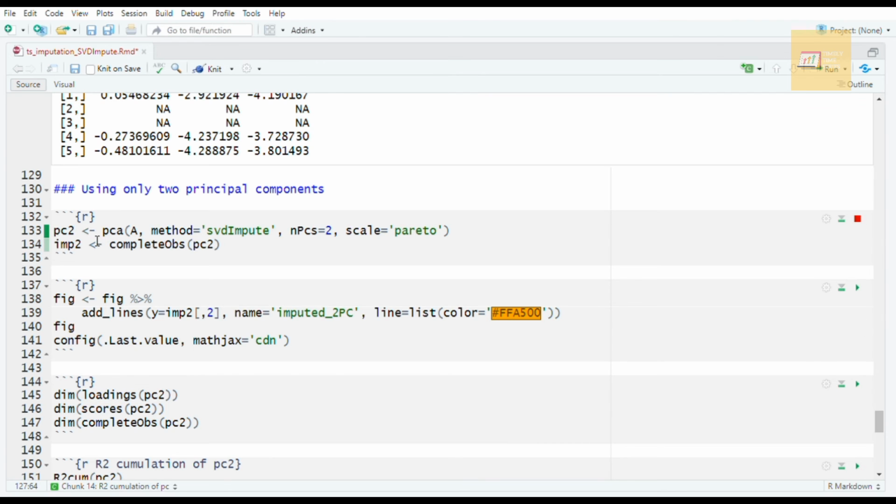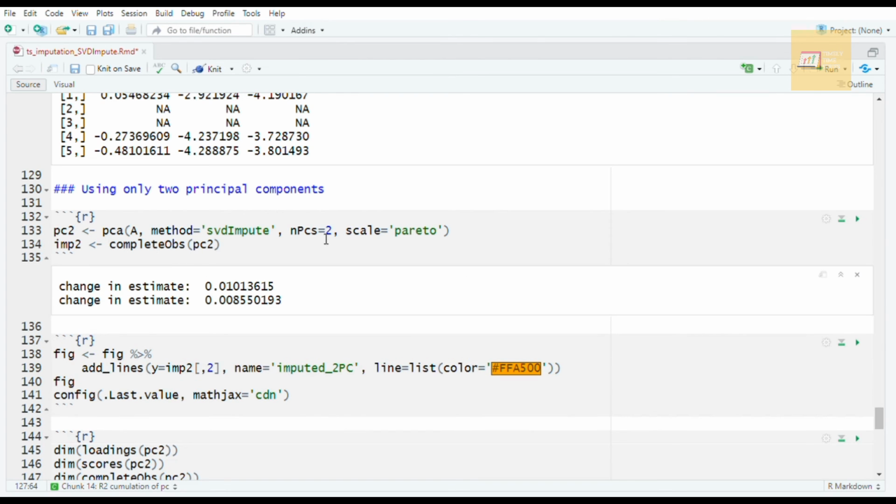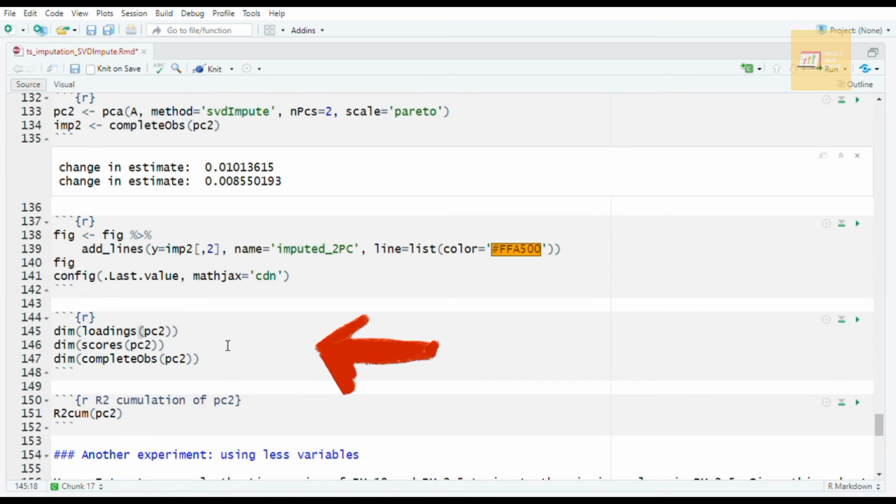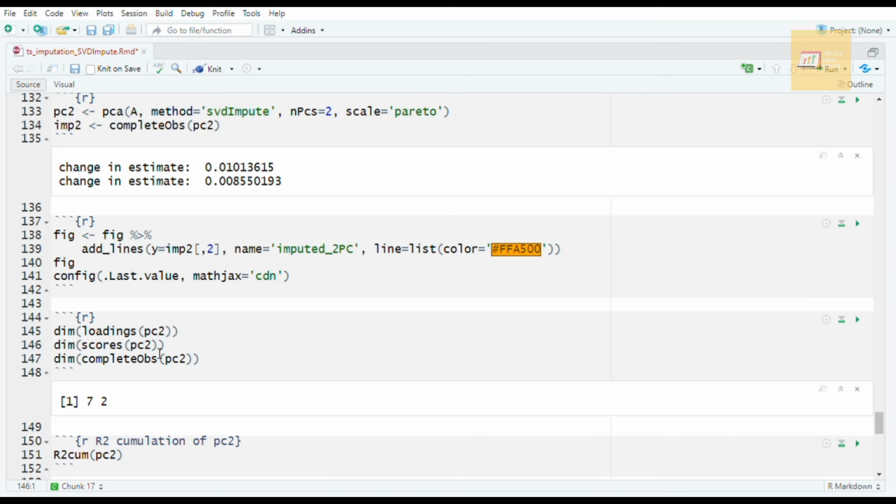I'm going to run another PCA function, but this time for two principal components only. I just want to check the dimensions here. The dimension of the loadings is like the dimension of the reduced matrix V transpose, that is 7 rows for 7 variables, and 2 for 2 eigenvectors.